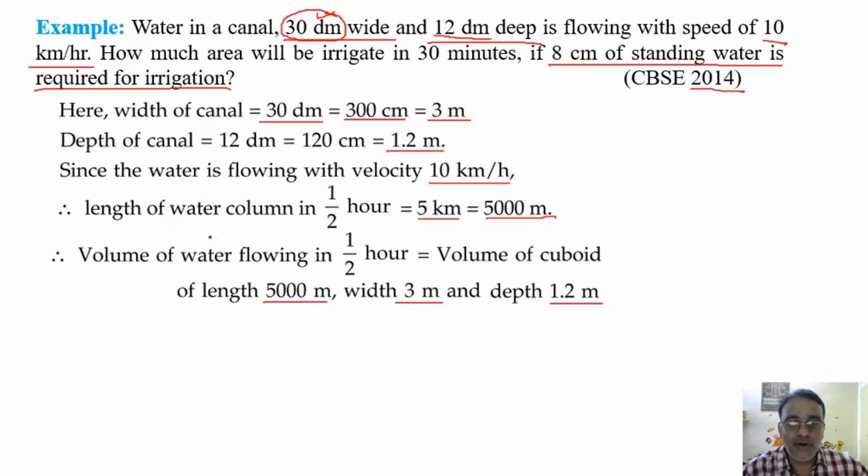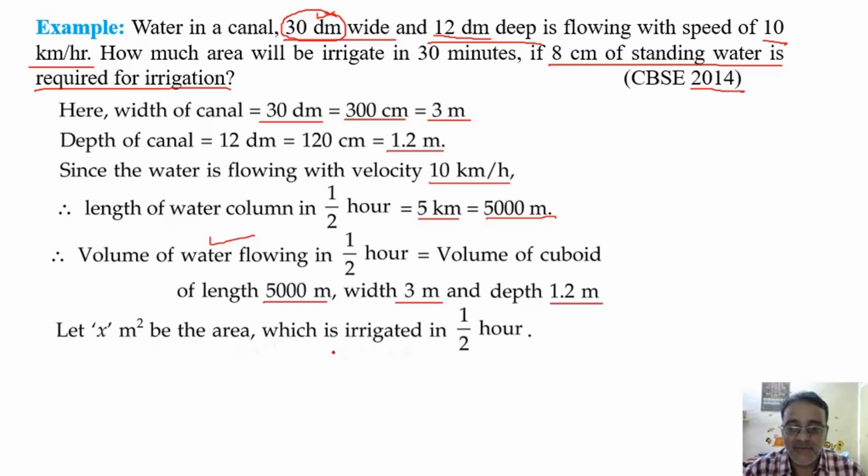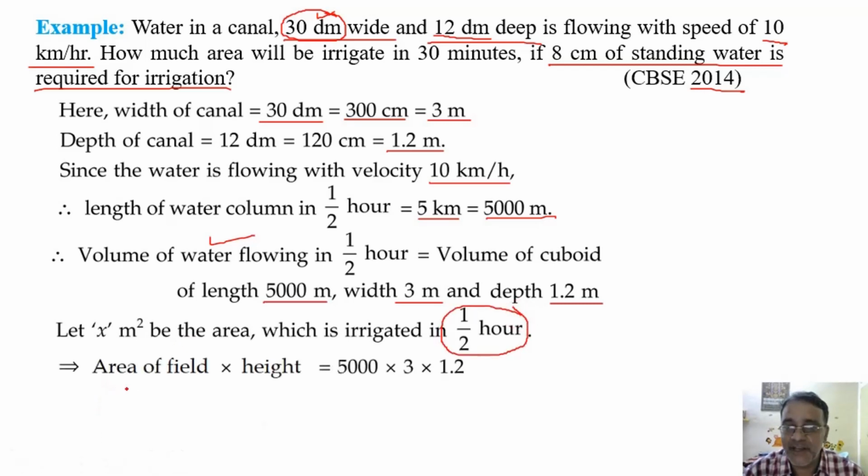Okay, and the water that will be used for irrigation purpose will be equal to area of field into height, and we'll take area as x meter square, which is irrigated in half an hour. So formula I told you, area of field into height is equal to volume of water from canal in half an hour, that is length into breadth into height, 5000 into 3 into 1.2.